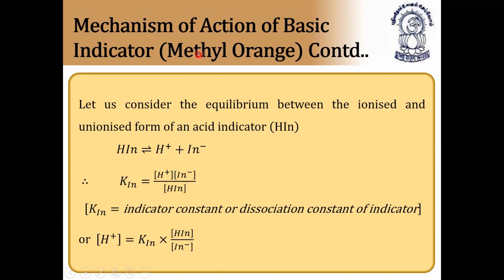So the products are H+ ions and IN- ions: KIN = [H+][IN-]/[HIN], where KIN is called the indicator constant or dissociation constant of the indicator. In this way, you calculate the indicator constant. Very, very important. Please note it down.